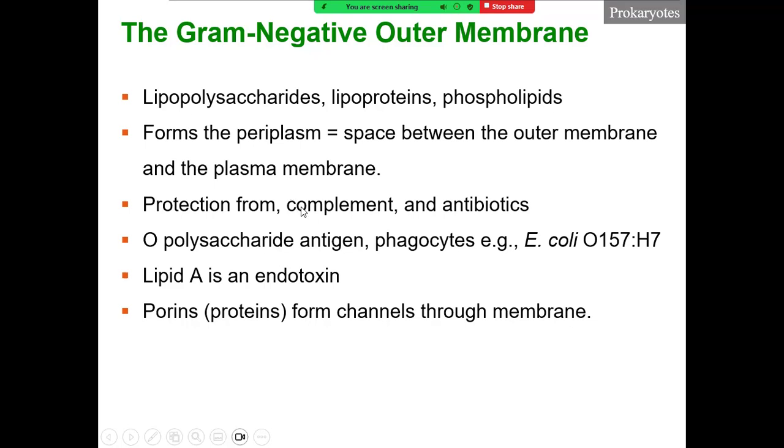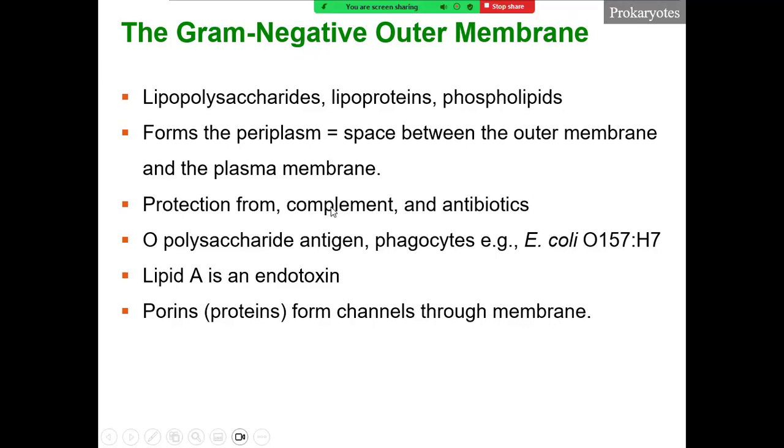The gram-negative outer membrane of the cell wall can help protect the cell from complement protein. That's a protein our body makes to defend the body from bacterial pathogens as well as other pathogens.